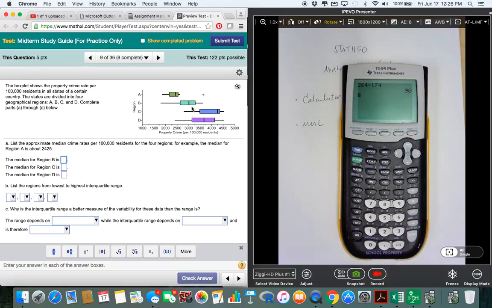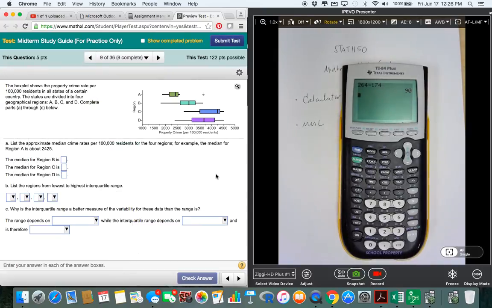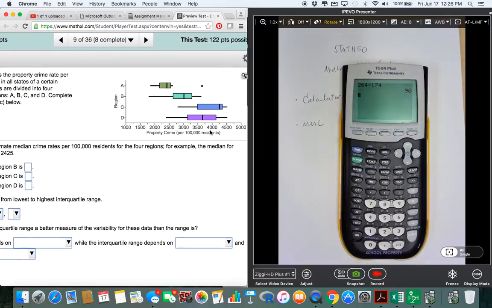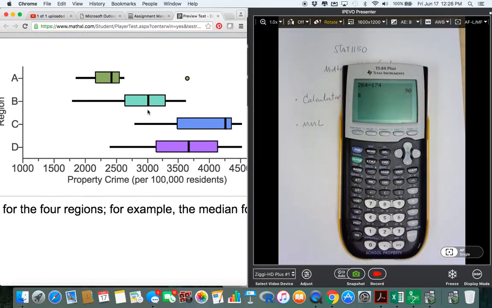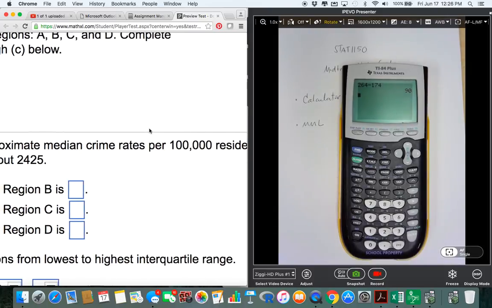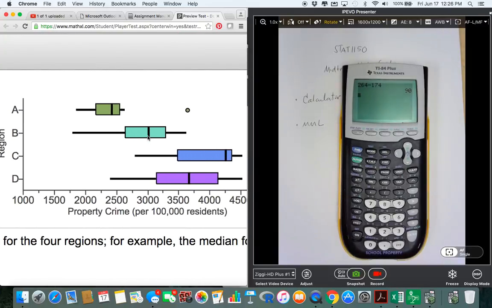So that's kind of weird that it doesn't have the axis. In fact, that's horrible. I don't like that. Okay, let's see if we can make this larger. So for B, I'm going to say that it's about 3,000.